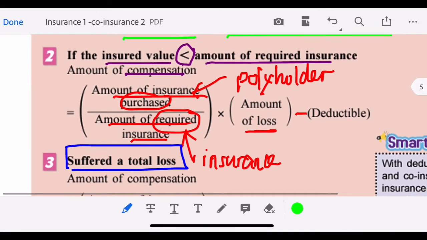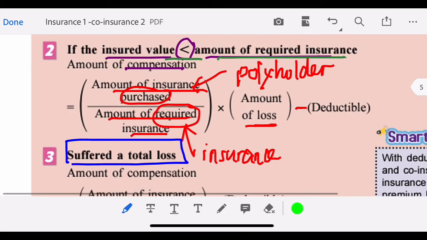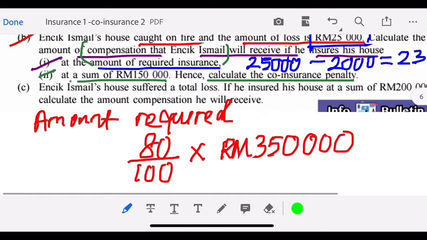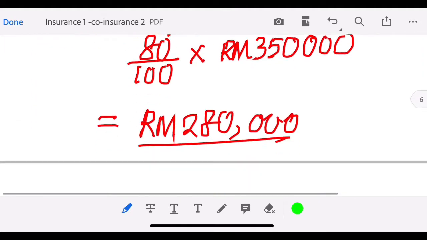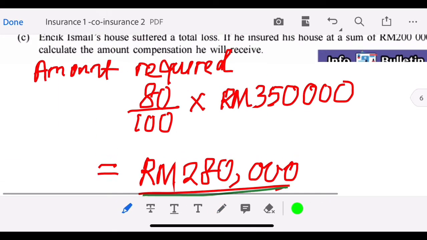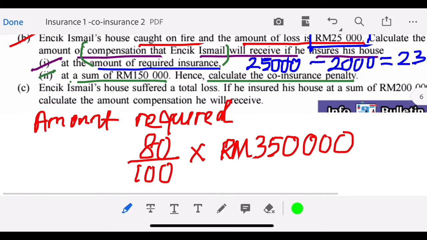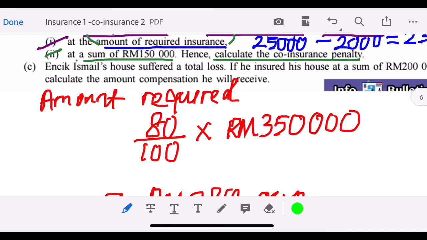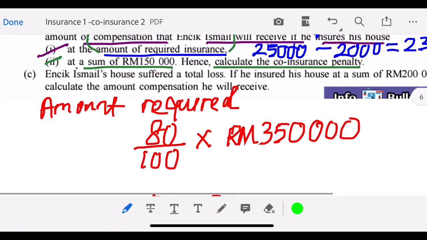If the insured value is less than the amount of required insurance, which is 280,000, and Inje Ismail actually insures his house at 150,000, which is less than 280,000.